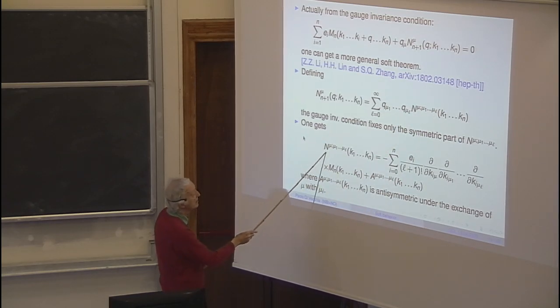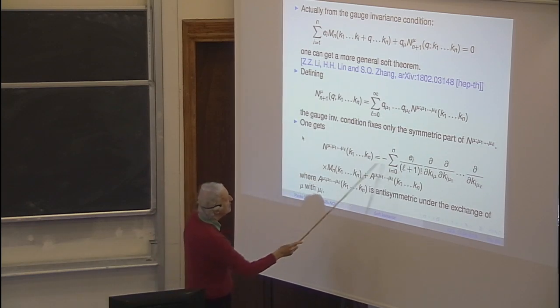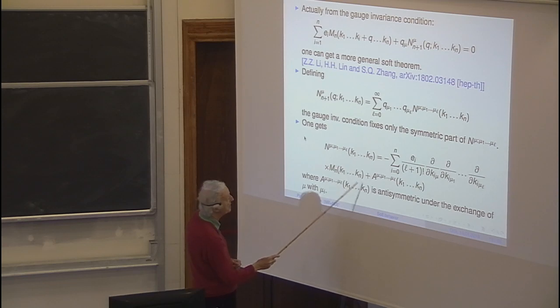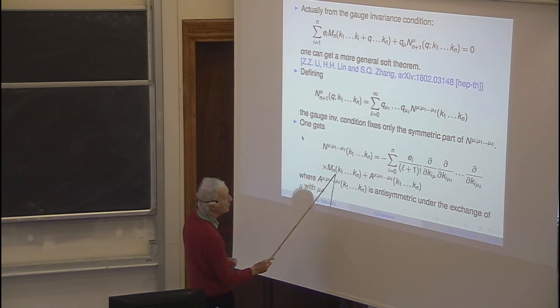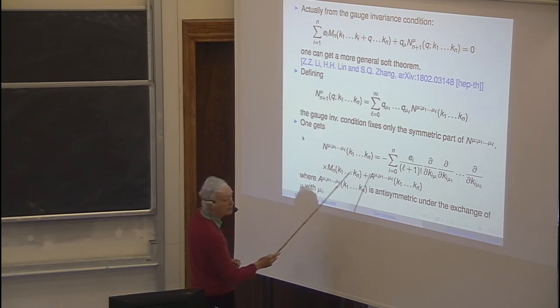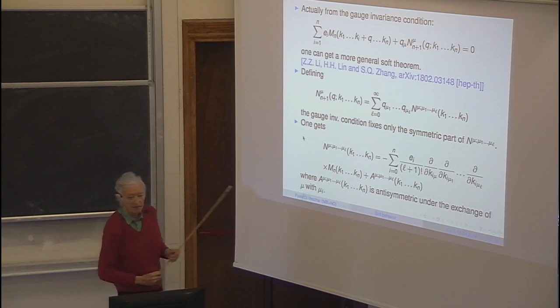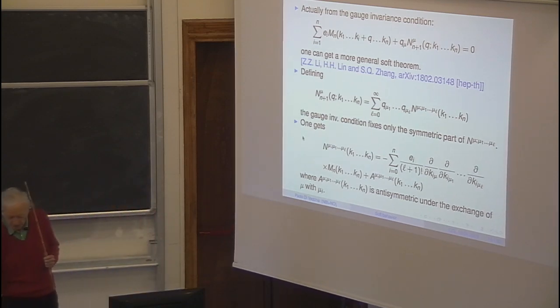And so you get this is equal to the completely symmetric part, which is given in terms of the amplitude without the soft photon. But then there is the antisymmetric part, which cannot be determined from gauge invariance. So it depends on the particular theory.